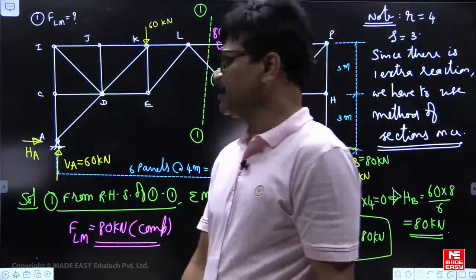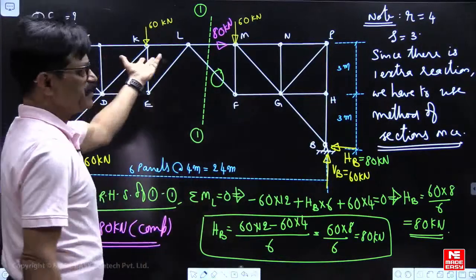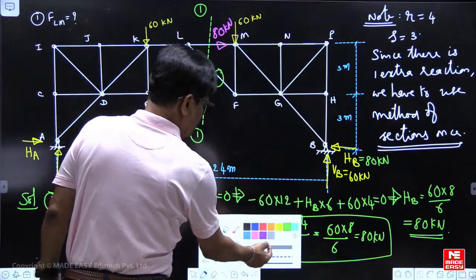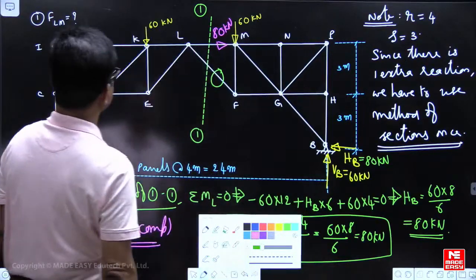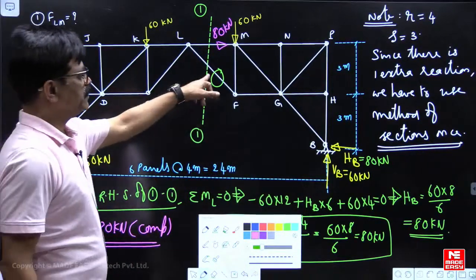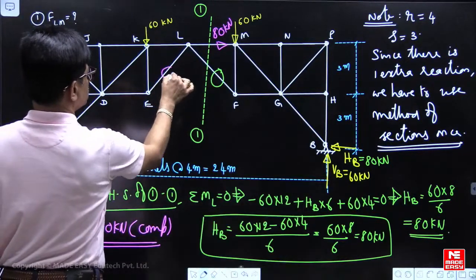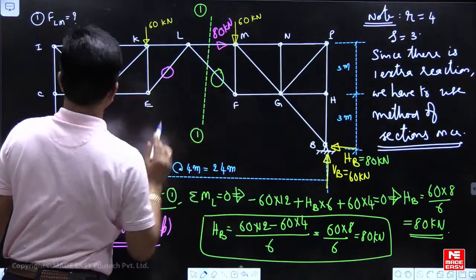Let us see this question also. How many members have 0 force? Suppose if they ask like that, number of members having 0 force, how will we detect? This already you found 0, so this is also 0. All the top chord members are under compression.